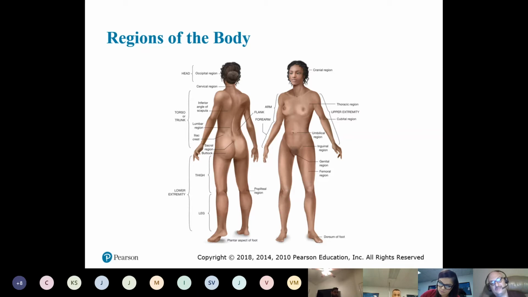You could further say the thoracic region, which is the chest. If you say the thoracic spine, just remember that the next set of vertebrae, the bones in your back, are called the thoracic vertebrae. So thorax, that's your chest. The thoracic region could be the back because of the thoracic vertebrae.